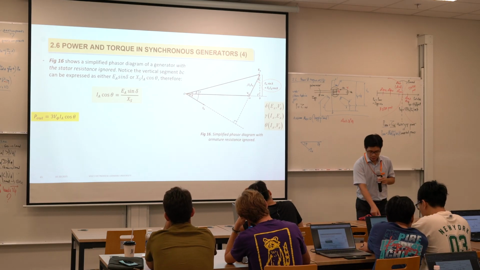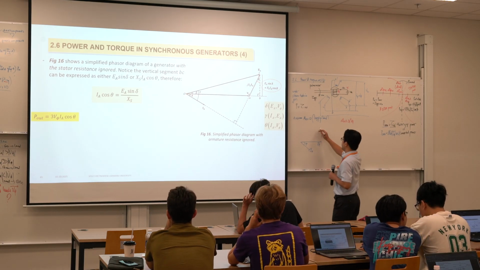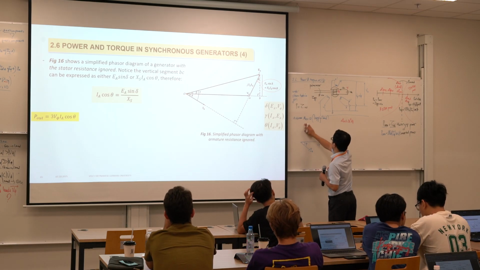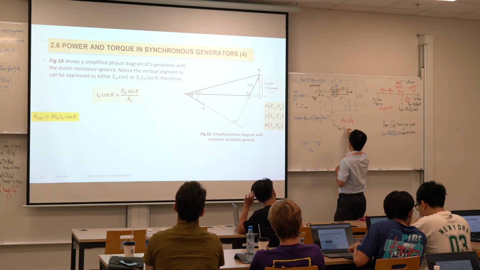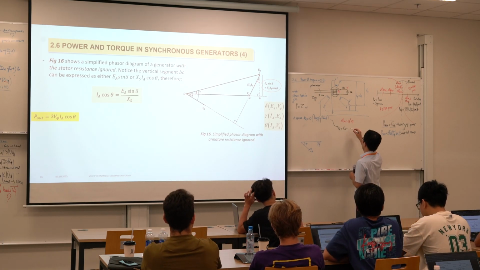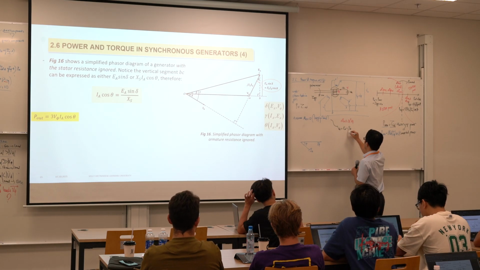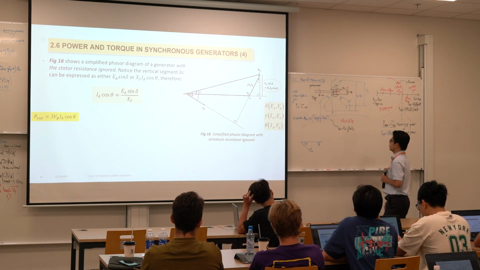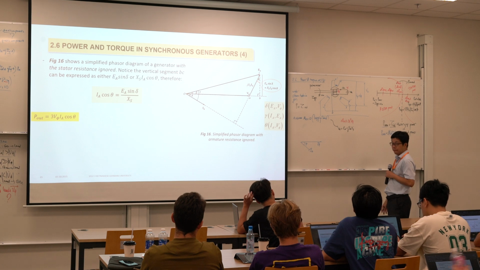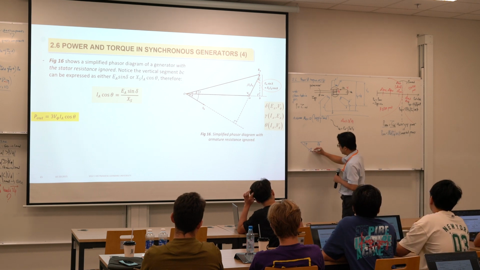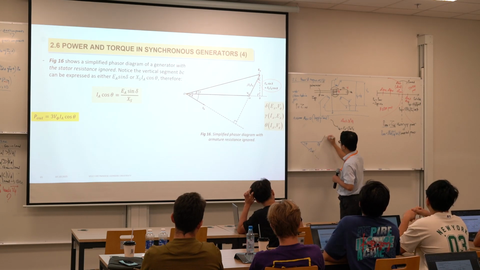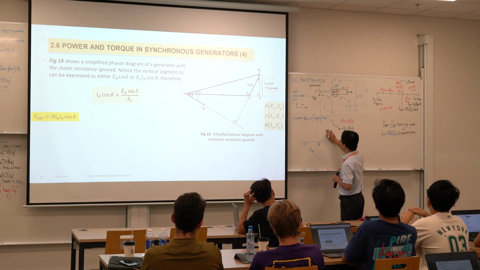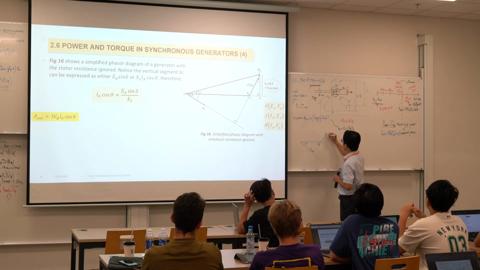Now the voltage equation becomes V phase equals EA minus j XS IA, since RA is 0. So here we can get j XS IA.